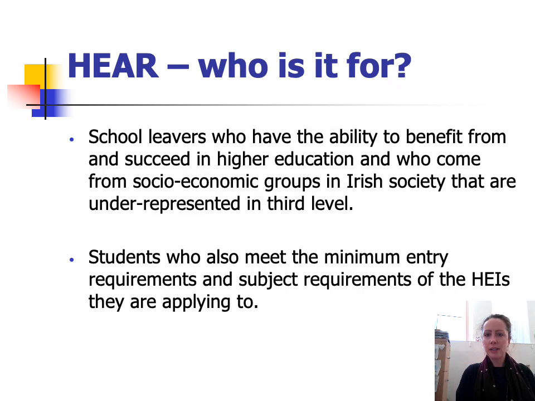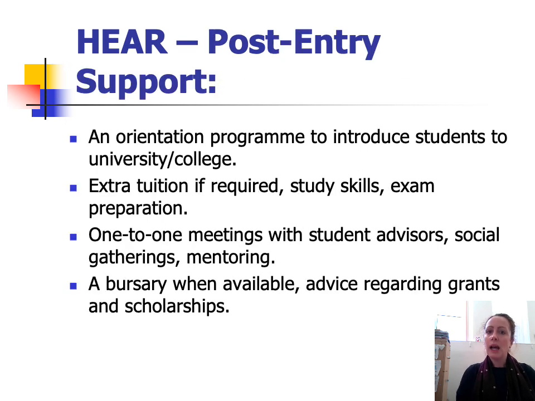The higher education access route, who's it for? School leavers who have the ability to benefit from and succeed in higher education and who come from socio-economic groups in Irish society that are underrepresented in third level. Students must again meet the entry requirements and the subject requirements. A lot of supports are available here: orientation program, extra tuition if required, one-to-one meetings, and financial aid.